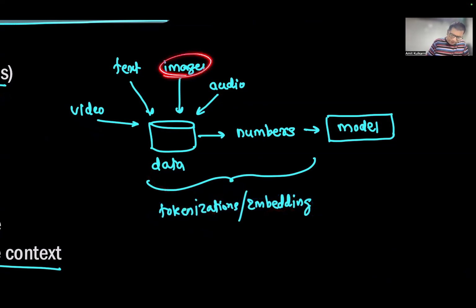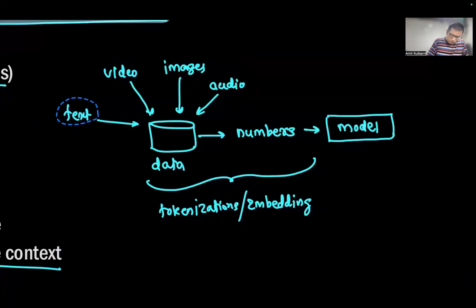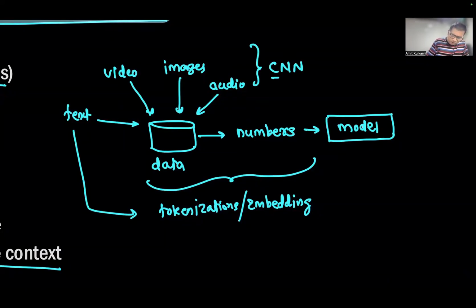But when it comes to images, audio, or video, we don't go for tokenization the way we do for text. For text, we go for tokenization or embedding. For the rest of them, we generally go for something like a CNN architecture, where they all get converted to the pixel level, and the pixels get converted into numbers.